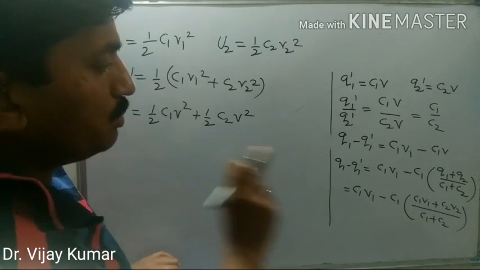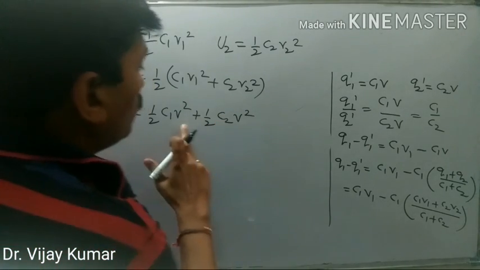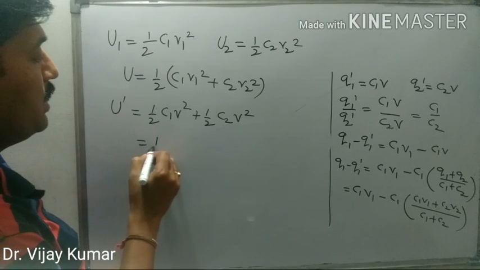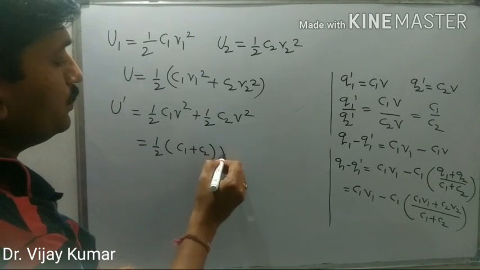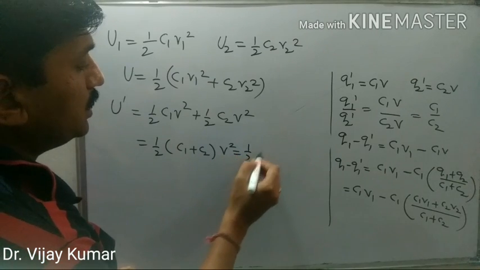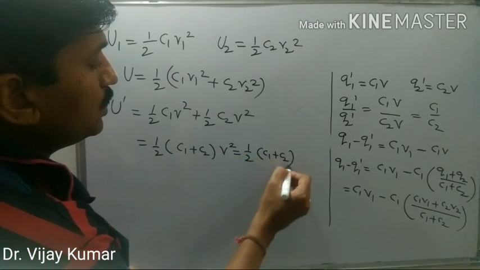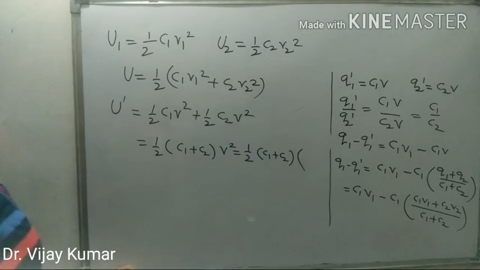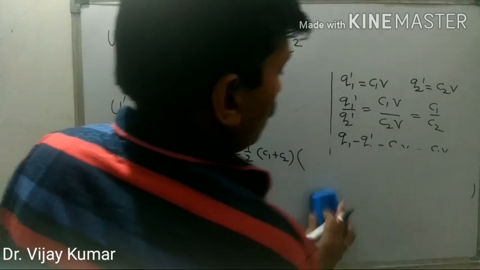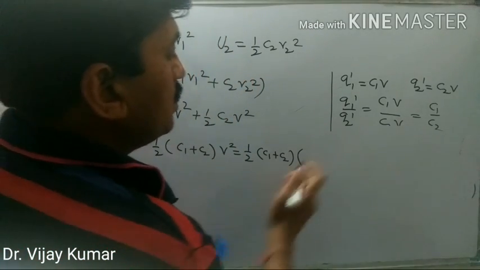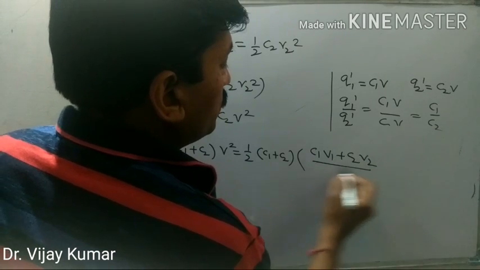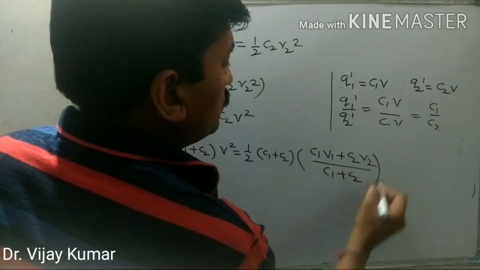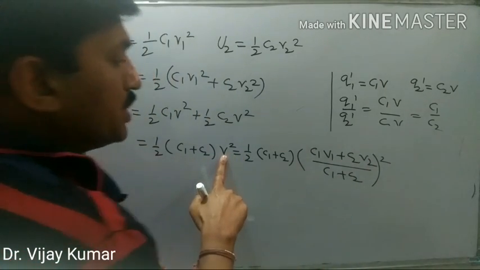After joining, the potential of both conductors becomes V, the common potential, and we can write half C1 plus C2 V square, where V means C1V1 plus C2V2 upon C1 plus C2, whole square.